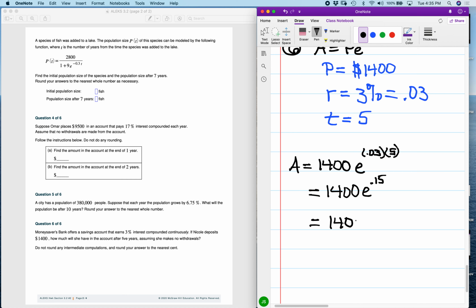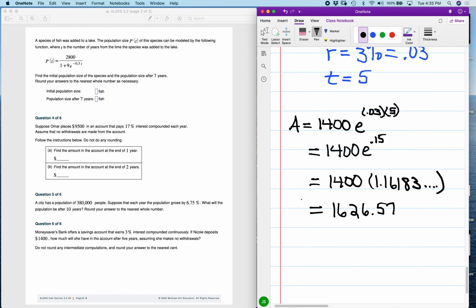And e to the 0.15 is right at 1.16183, and keeping that decimal and multiplying by $1,400, to the nearest penny you have right at $1,626.57.